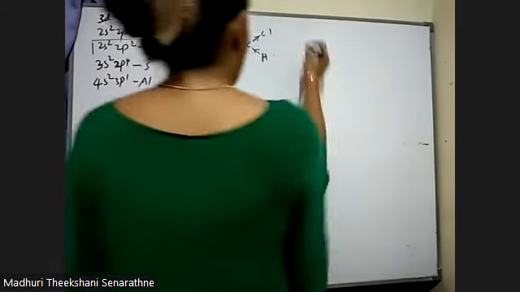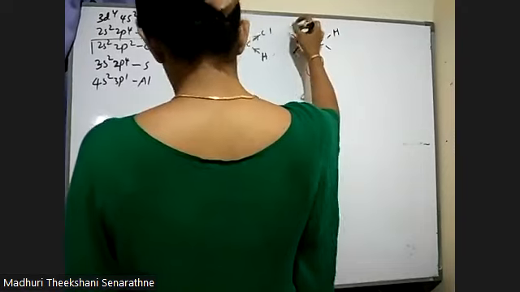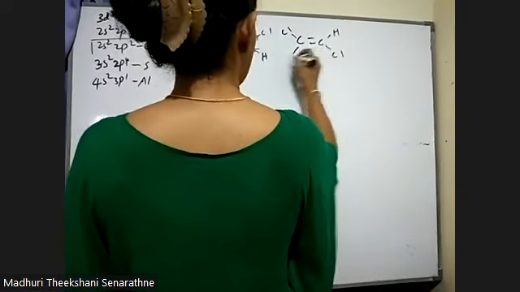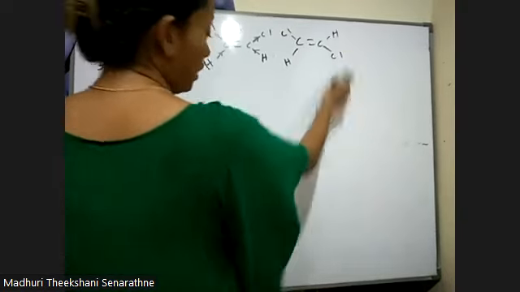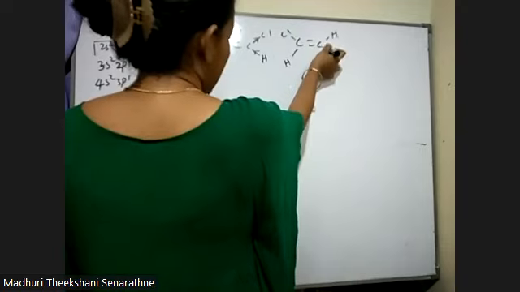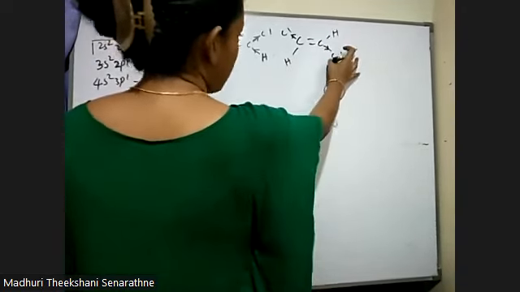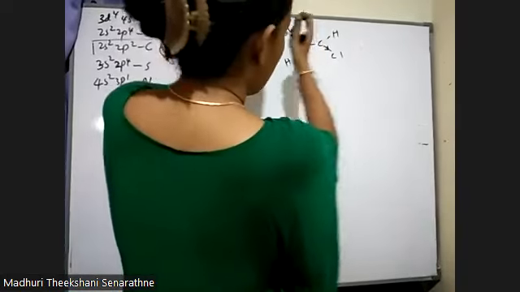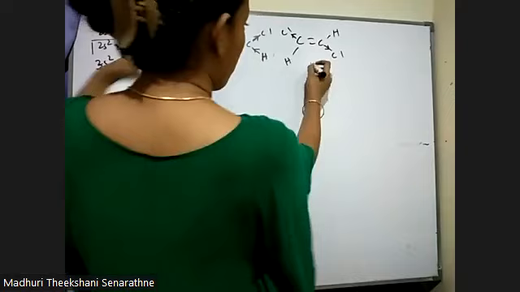The second one: carbon, hydrogen, chlorine, hydrogen. You can see there are 2 electronegative atoms. These two electronegative atoms pull electrons in opposite directions with the same force.